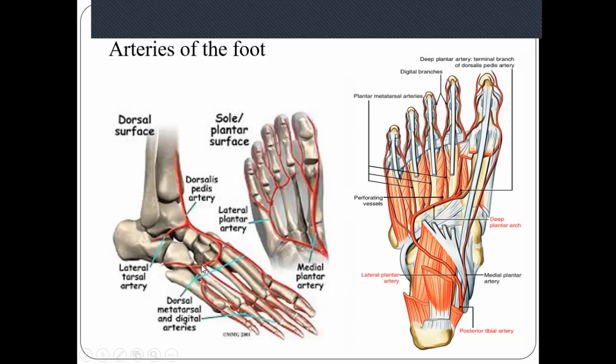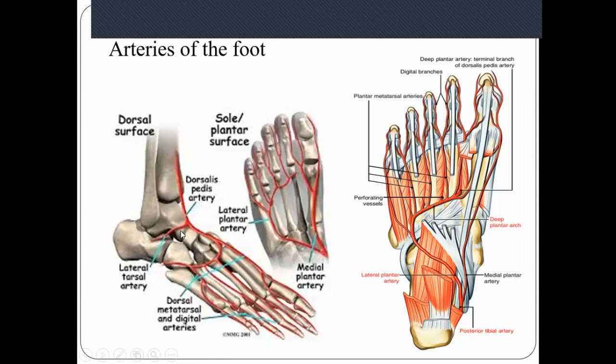It completes the plantar arch by joining the lateral plantar artery. Okay. And when it passes onto the dorsum of the foot, it is crossed by the inferior extensor retinaculum, which lies in this area. It's crossed by the inferior extensor retinaculum and the first tendon of the extensor digitorum brevis. Okay.